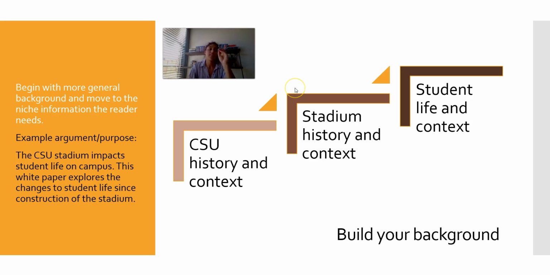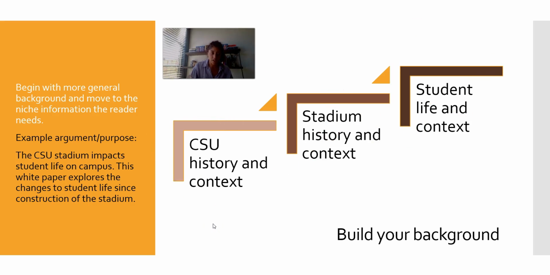We're now talking about this particular element of CSU and student life and all the things that went on there. And then we end the background and literature review with research and information about student life, like on a college campus and how it might interplay with football culture and sports culture, right? So we're just building them up, boop, boop, boop.